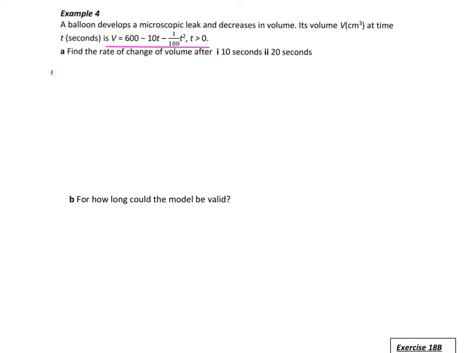So the first one here is at 10 seconds. What we're looking for is dV/dt, the instantaneous rate of change at t equal to 10. So let's find dV/dt. dV/dt is equal to, 600 becomes nothing, so minus 10, and I get minus 2 on 100t.